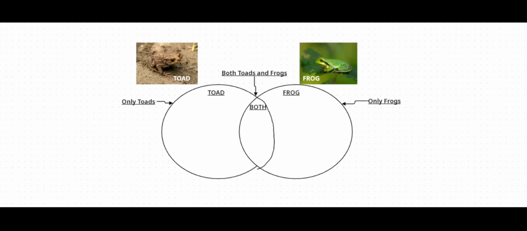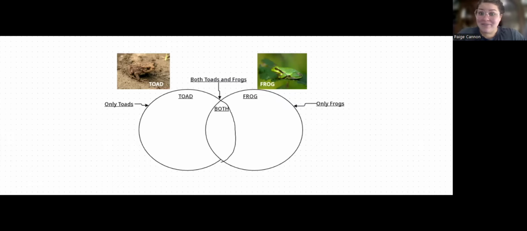Has anybody seen a Venn diagram before? Do you know what shape it uses? That's right, it uses circles. So here's my Venn diagram. As you can see, we have some information in it already that's going to help us today. Now, here's our toad side.